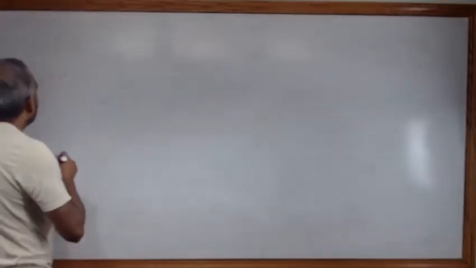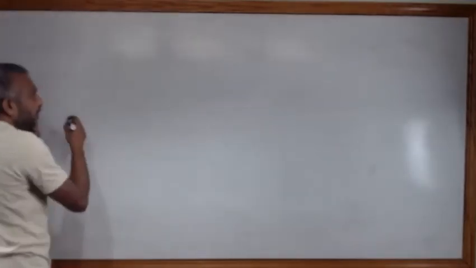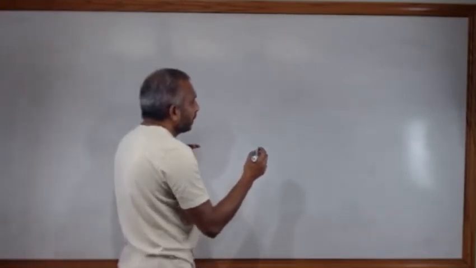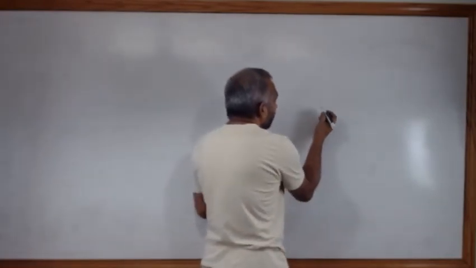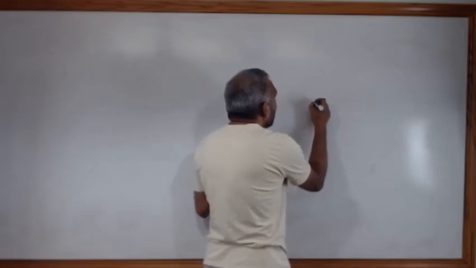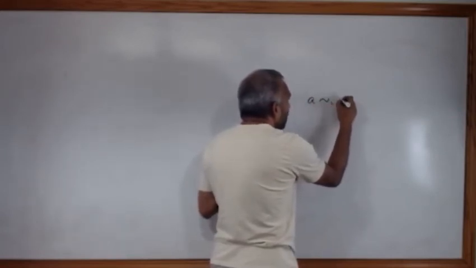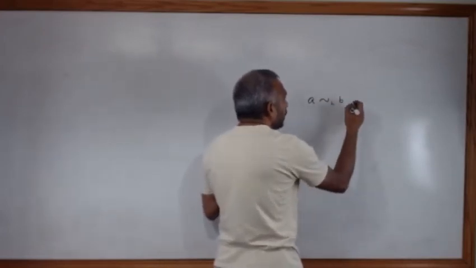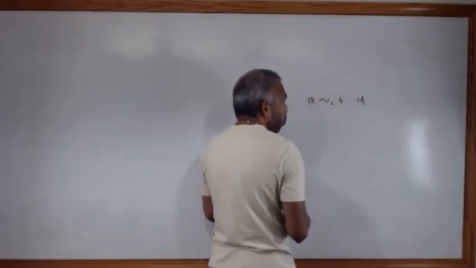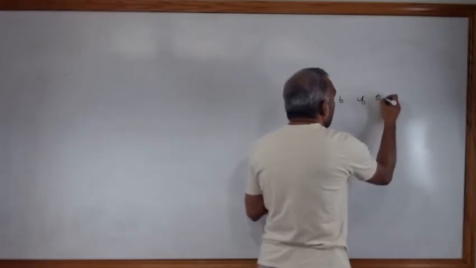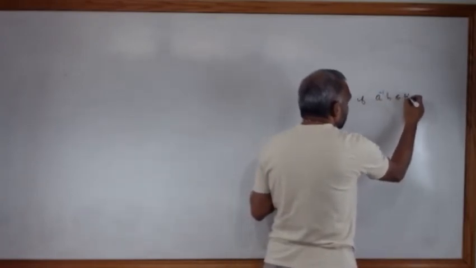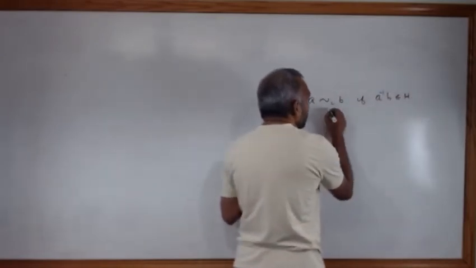Another alternative definition for coset is this. Our left coset is defined like this: a is left related to b if a inverse b belongs to H. What does this mean?